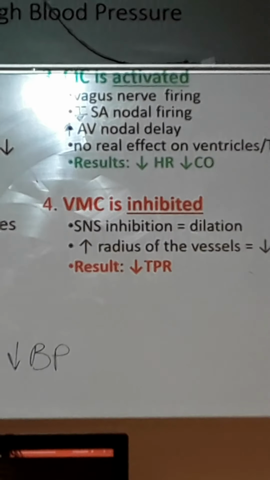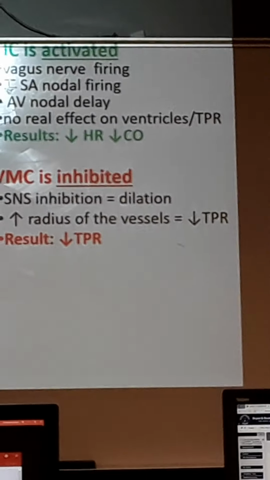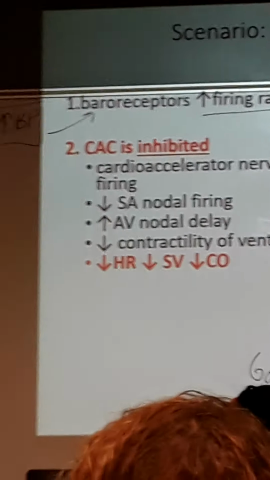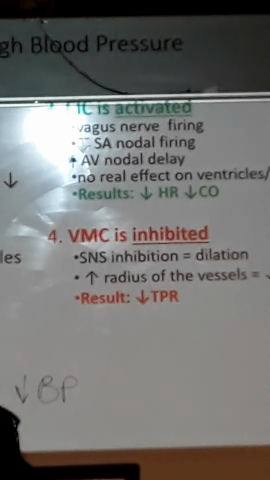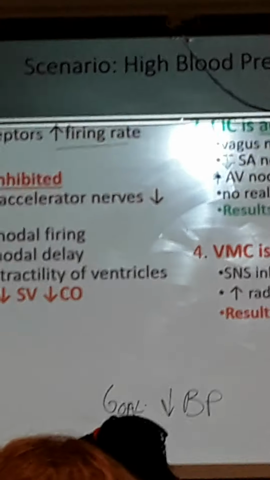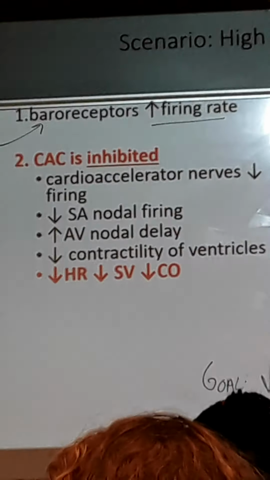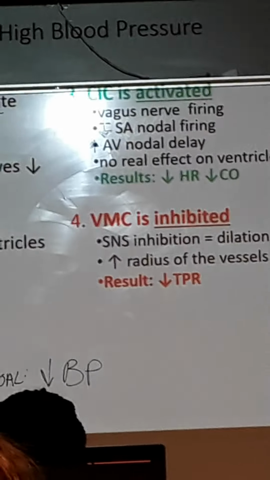Okay, so the baroreceptors are going to increase their firing rate. Now we have to think about what happens with these three centers. Okay? So we talked about the cardiac acceleratory center. Now do we want that center to be turned on or turned off? Turned off, right? Because you want to slow the heart down. You don't want increased pressure anymore, right?